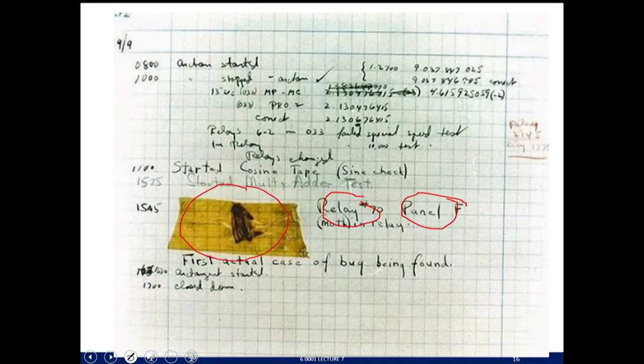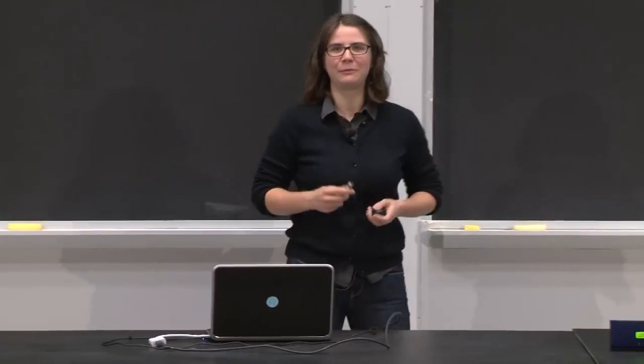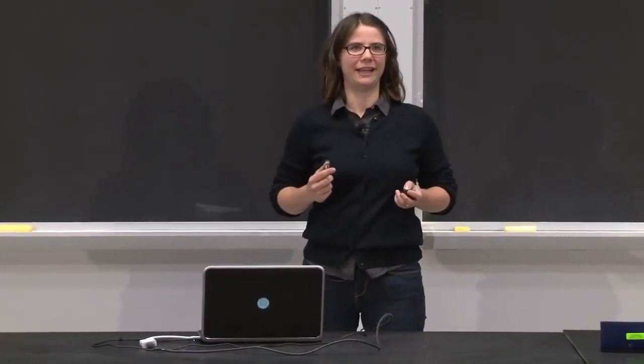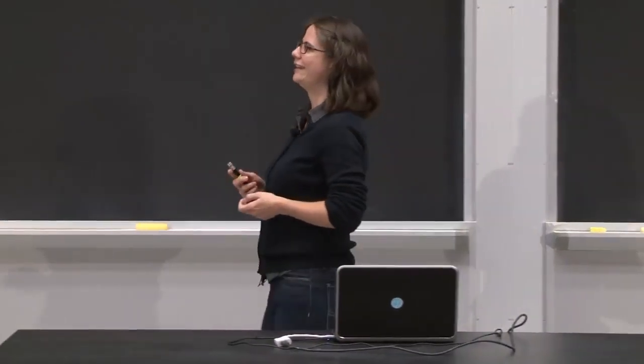I think it was dead, probably electrocuted, but it was a moth that was impeding the calculation. And I don't know if you can read this, but this part right here, they made a note in their logbook that says, first actual case of bug being found, which I think is really cute. So they were literally doing debugging in this computer, right?